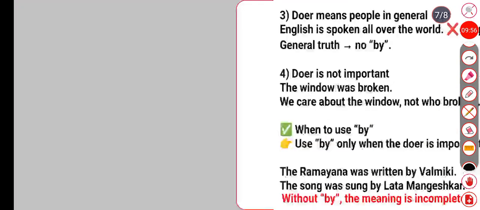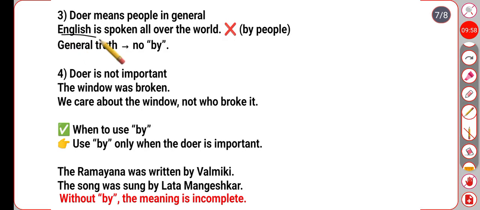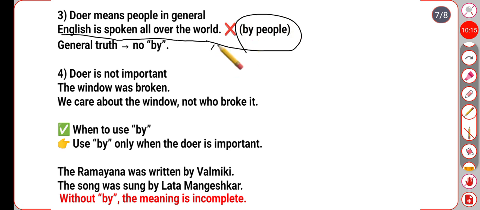We know who speaks English: people speak English all over the world. It's a general truth. So we don't have to write English is spoken all over the world by people. Just up to here, in passive voice.